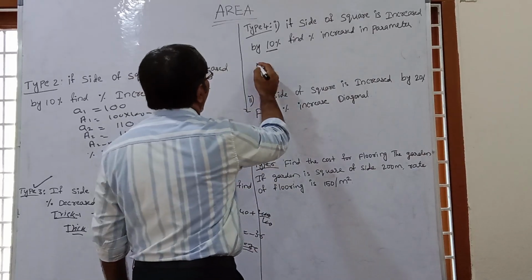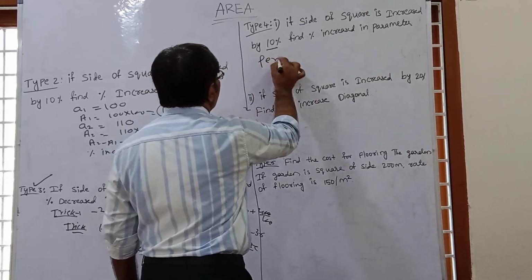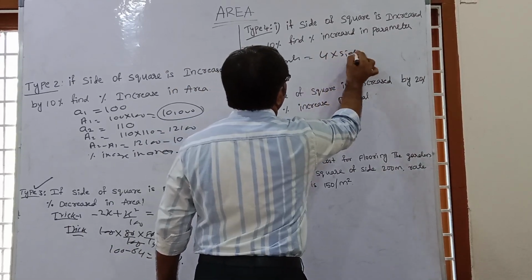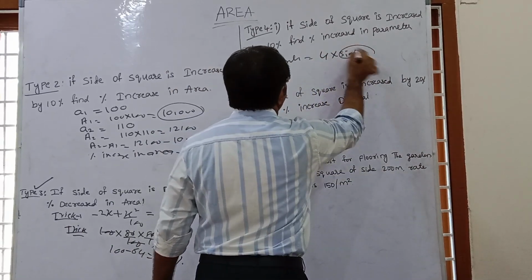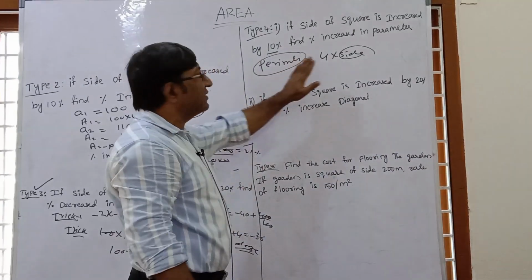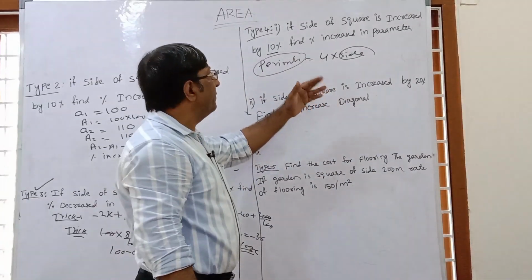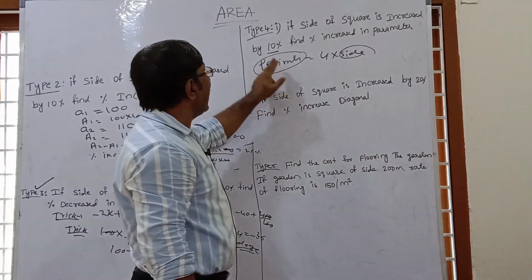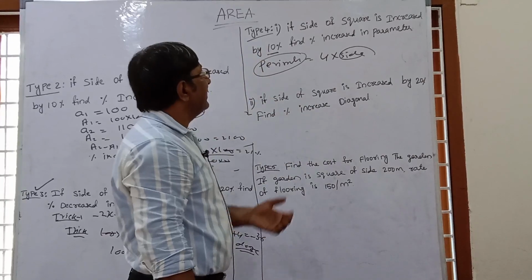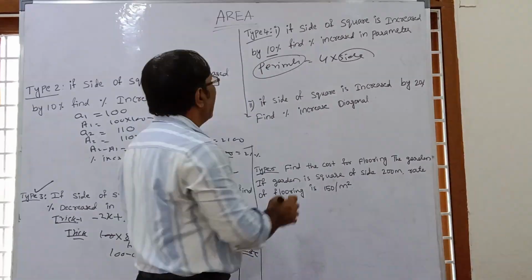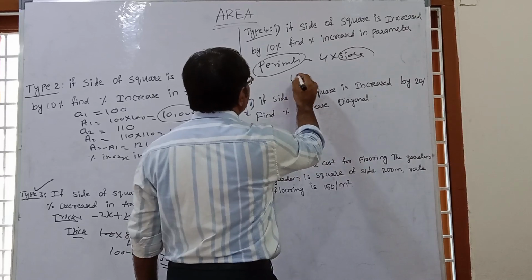So you know what perimeter is? Perimeter is 4 into side. So perimeter and side are directly proportional. If the side increases by 10%, then the perimeter will also increase by 10%. So our answer is 10% increase.